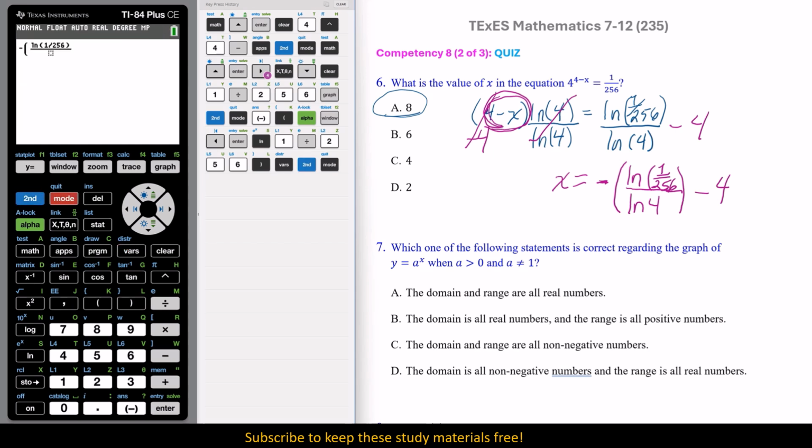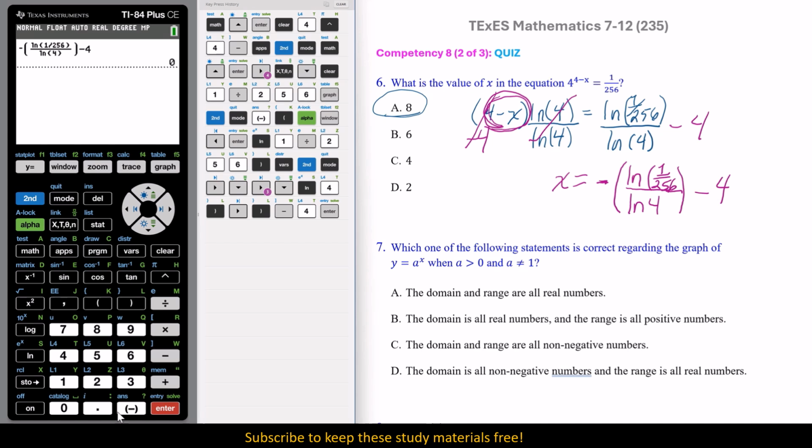Oh, okay, there it is. Got to be careful what we push. I think I arrowed down the wrong way. Now I need the natural log of 4, arrow over, close my parentheses, then minus 4, and push enter.